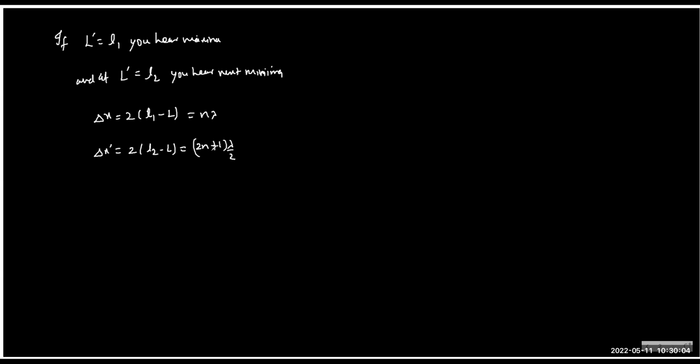So 2n plus 1, okay, we are taking the next one. Now this is like n lambda plus lambda by 2, isn't it? So now if I take a difference, delta x dash minus delta x, this will give you 2 times (L2 minus L1) is lambda by 2. So lambda in such case will be.